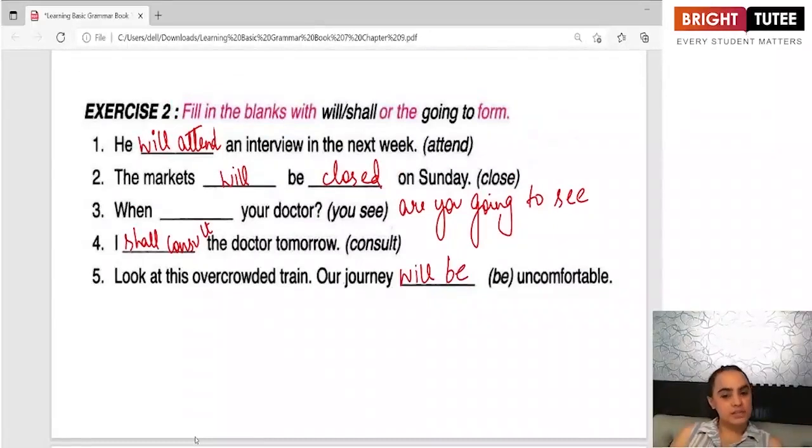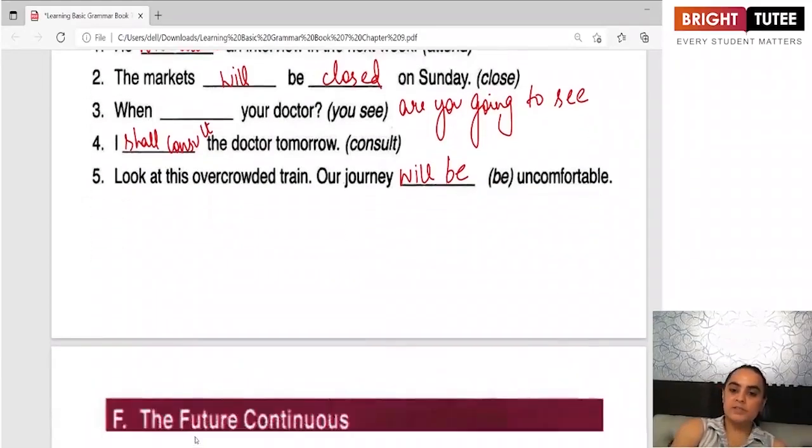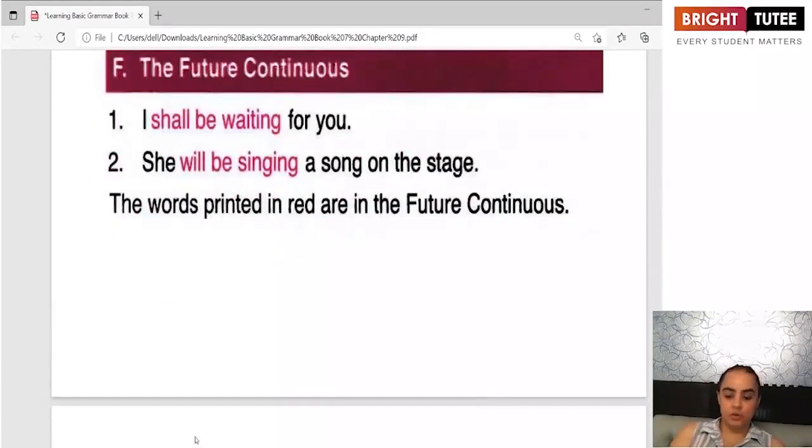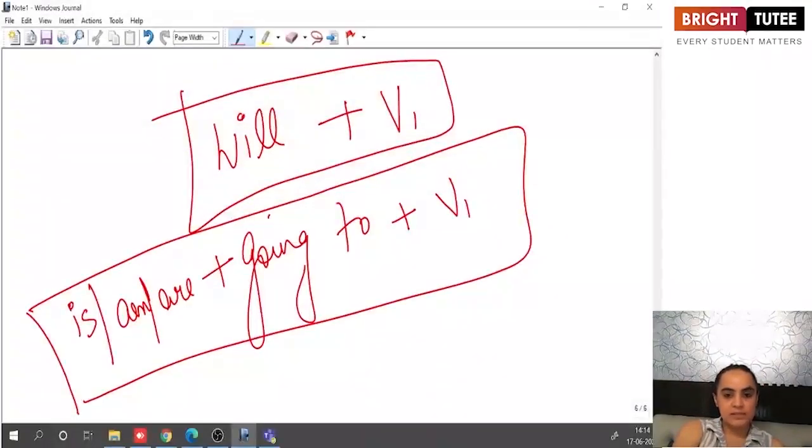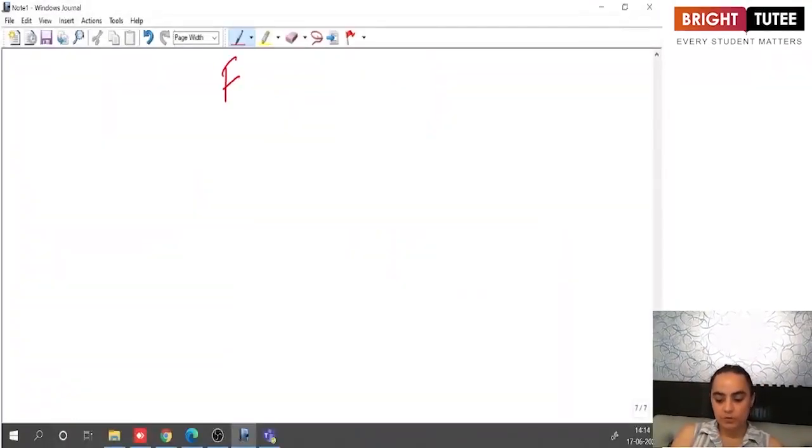Alright? So this, my dear students, was the simple future tense. Next, we have the future continuous tense. Now, let us talk about some sentences of the future continuous tense.